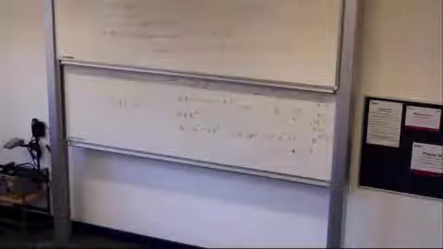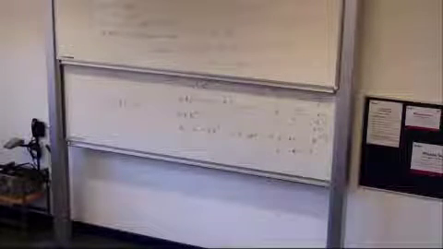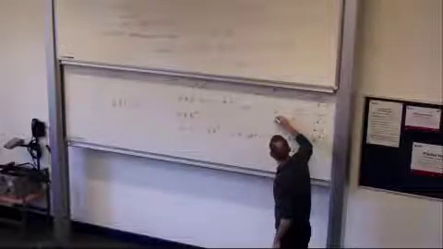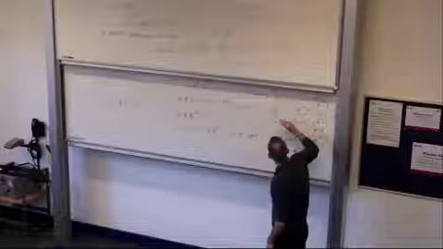I hope I have not told you anything silly. Yeah, must be 0 and 2. Essentially, let me rephrase this. In order to be invertible, I need that this condition is verified.